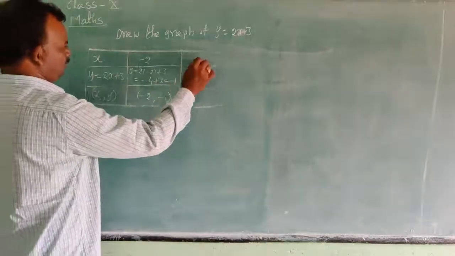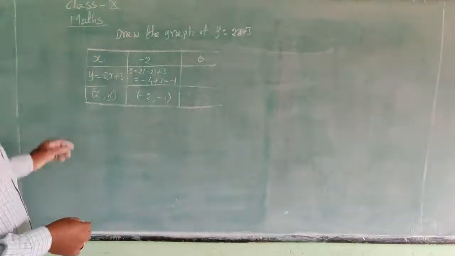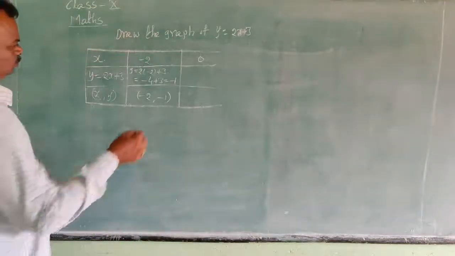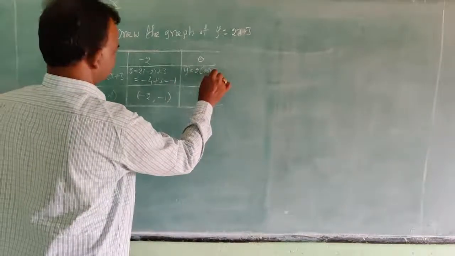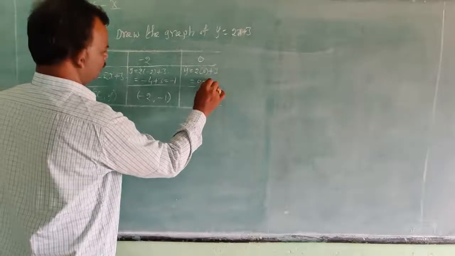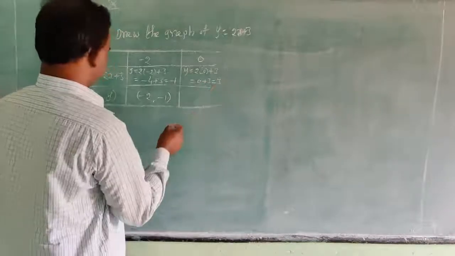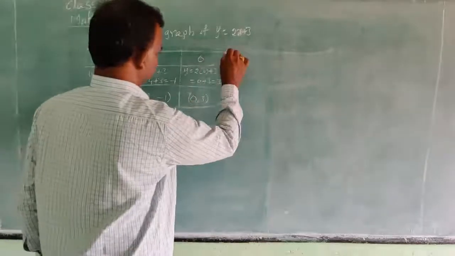And we are taking another value 0. We are substituting the value y is equal to 2 into 0 plus 3. 2 zeros are 0. 0 plus 3 is equal to 3. So the value is 0 comma 3.